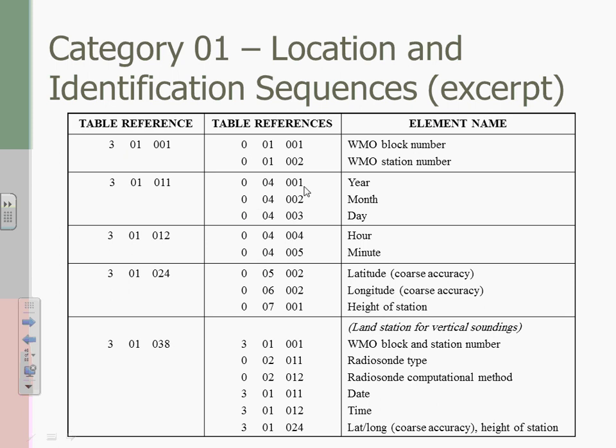Maybe another basic example is year, month, day. These three table B descriptors, which are element descriptors, create the 301011 table D descriptor. So using 301011, you can describe year, month, day with only one descriptor.